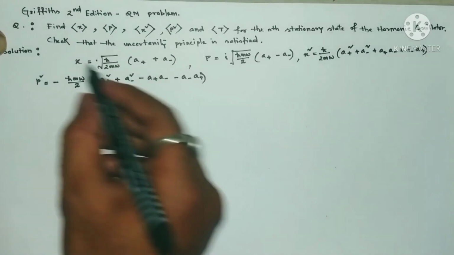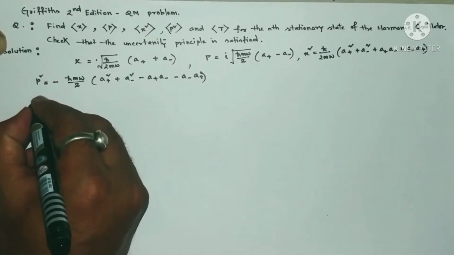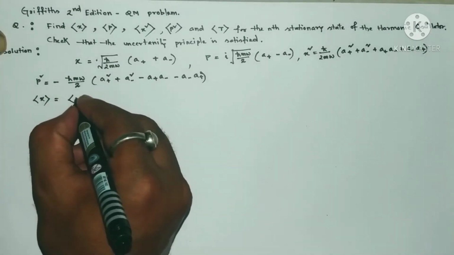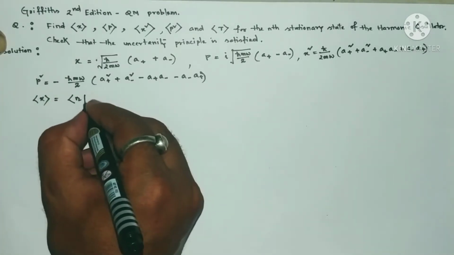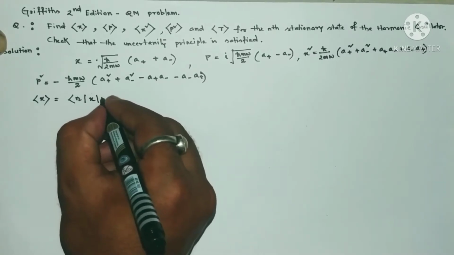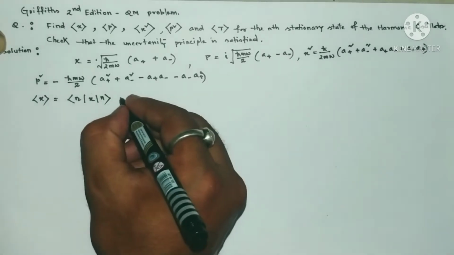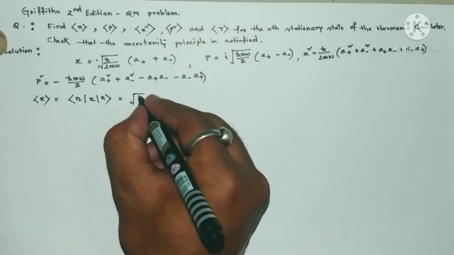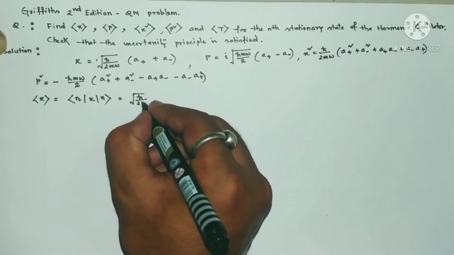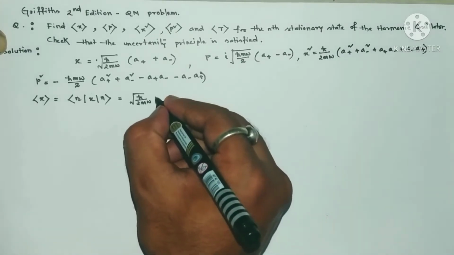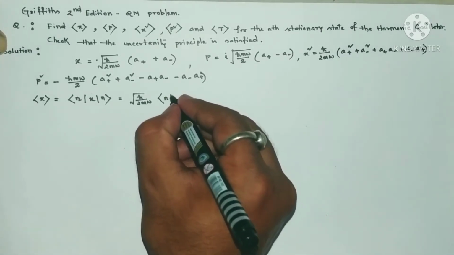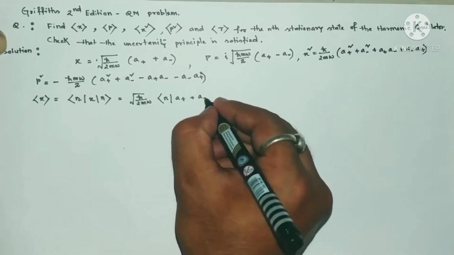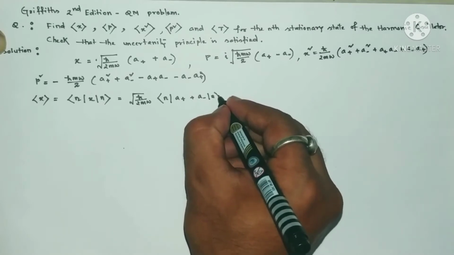Now for expectation of x, we can write for nth state: bra n, x operating on ket n. So this will be obtained by replacing x as h cross by 2 m omega, and then we have a plus plus a minus on n, right?